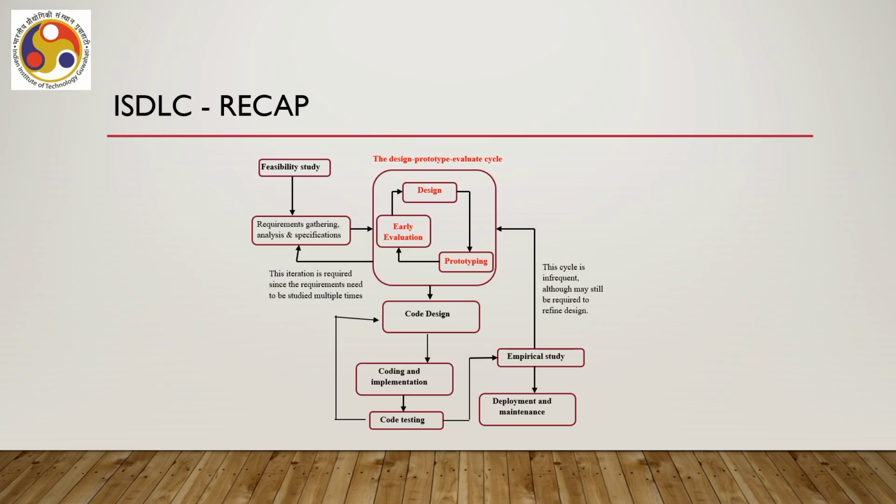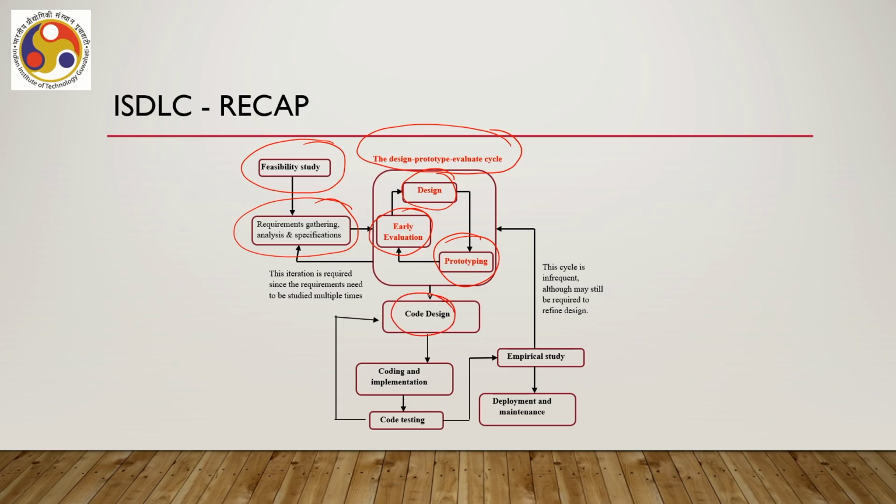So, if we quickly have a relook, or quickly recap the interactive system development life cycle, you can see there are several stages: starting with feasibility study, then requirement gathering, analysis and specification, then this design, prototype and evaluate cycle comprising of design, prototyping and early evaluation.